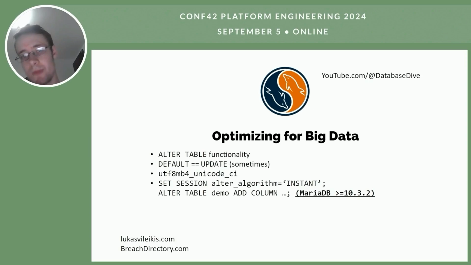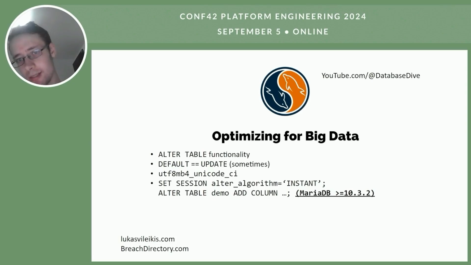If you add columns into a table and the column is the last column, it will be wise to apply some sort of hack called set session alter algorithm, which means that you set the algorithm of the alter query to instant.